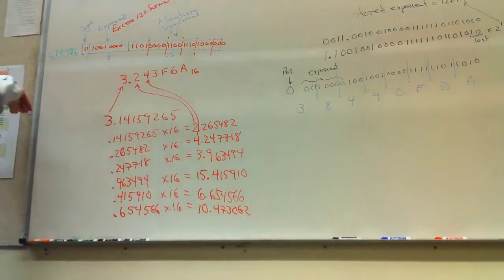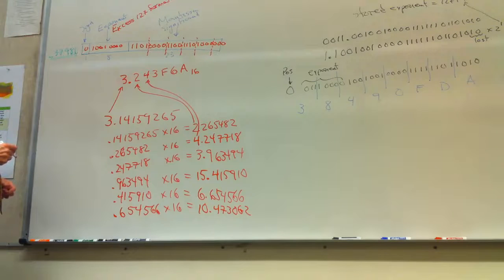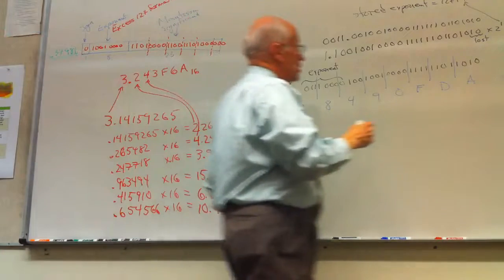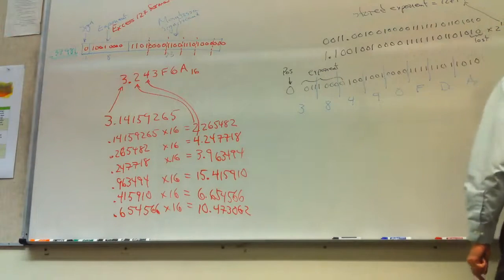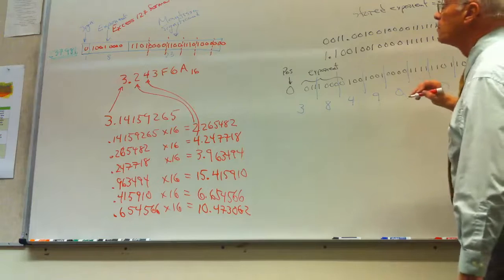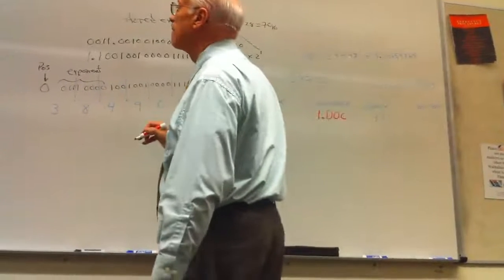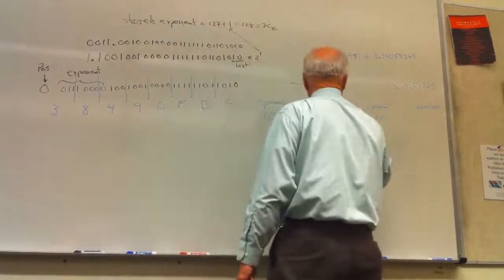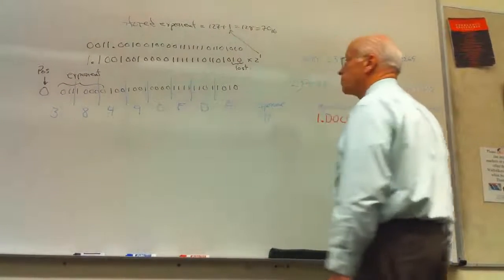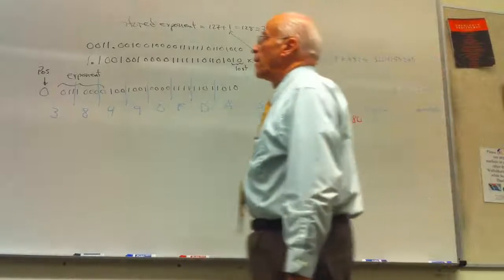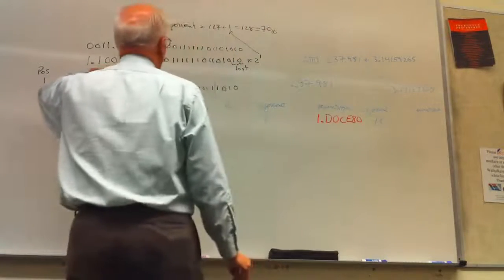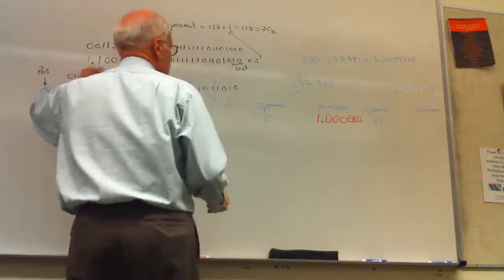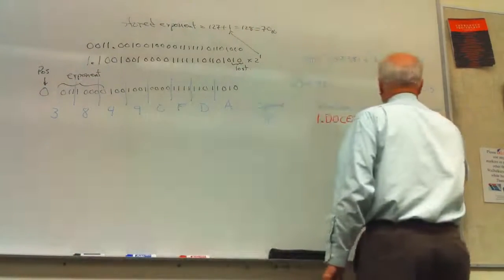Recognizing that that last one there is only 3 bits. So we've got 1101, which is a D, 0C, E80. And now for this one, again, it's 1 point.